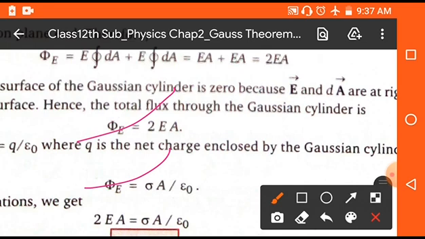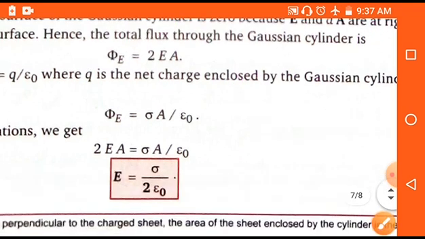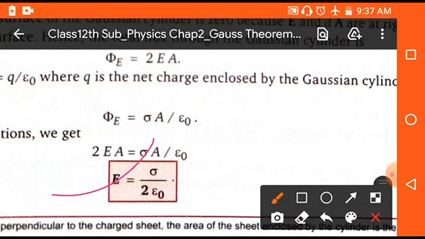Now we know that Q is equal to sigma A, because here the distribution of charges takes place on the surface, and sigma is surface charge density. So on putting the values we get finally E is equal to sigma upon 2 epsilon naught, and it is the most important formula for numerical values and for the purpose of examination.